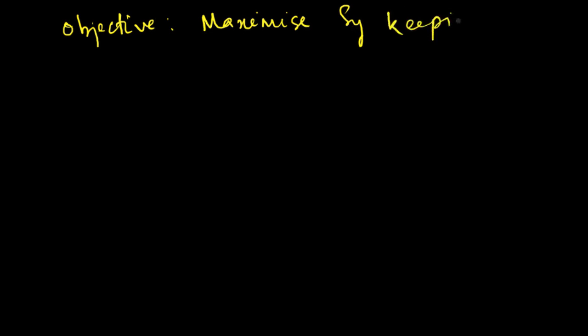So now our objective is to maximize Sy keeping the u1 norm fixed. This represents the norm, which is the length of the vector. We are again going to use the concept of Lagrange multipliers, which we had used while discussing SVM.